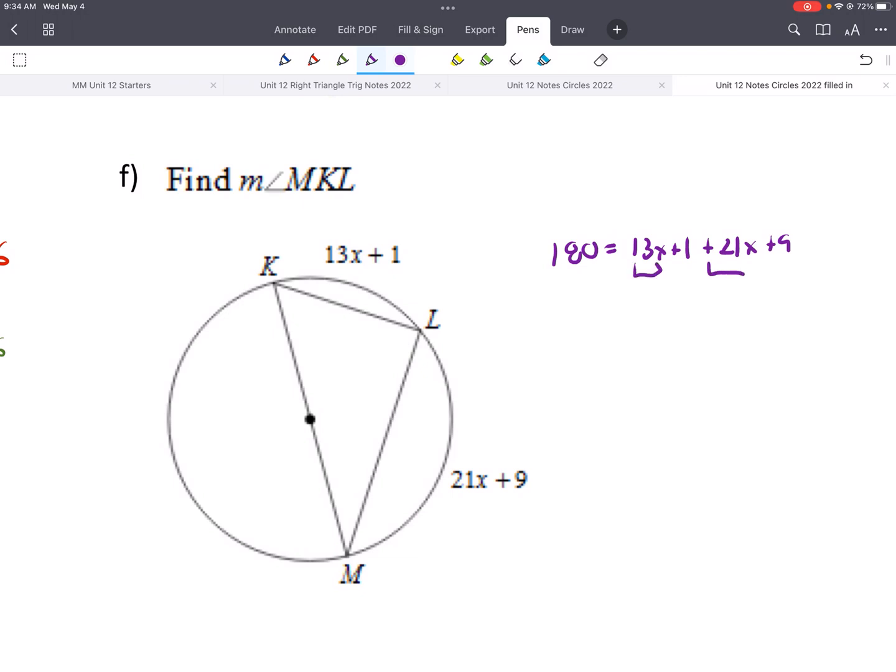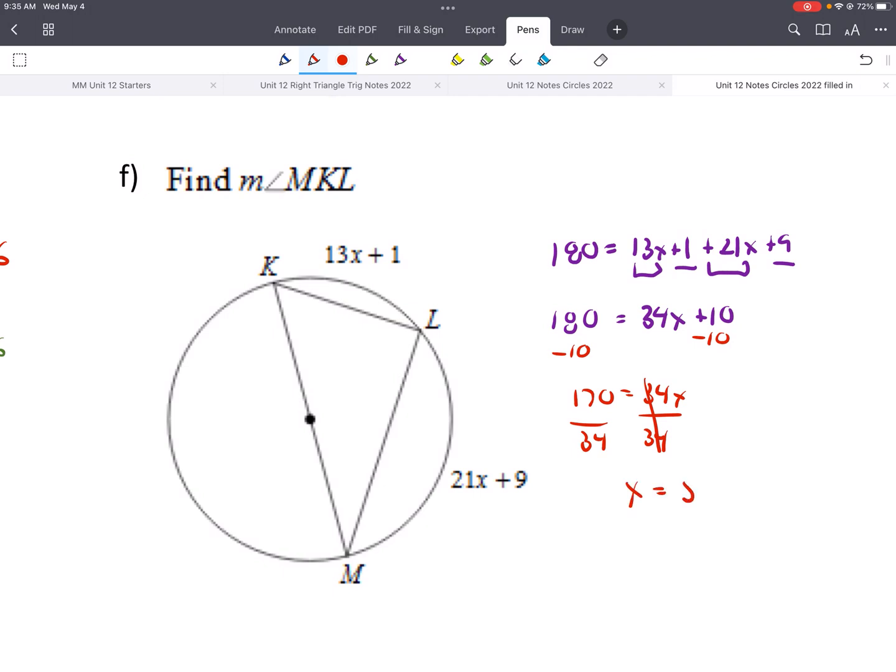Combine like terms and we get 34x plus 10. If we subtract 10, we get 170, and then we divide both sides by 34. So x equals 5.